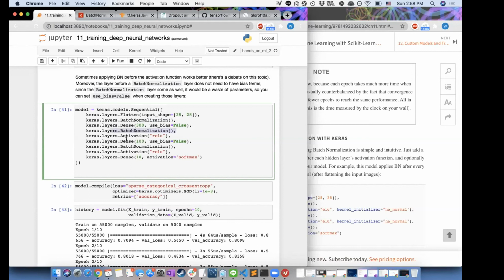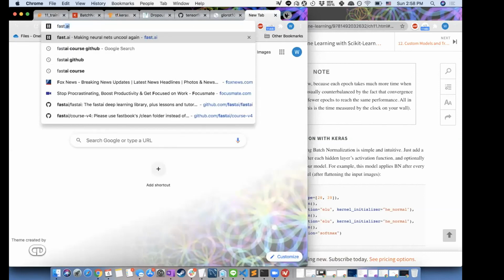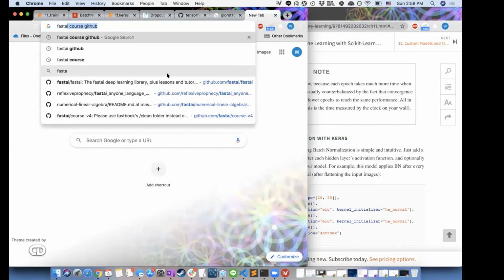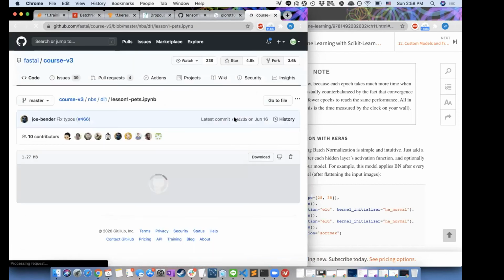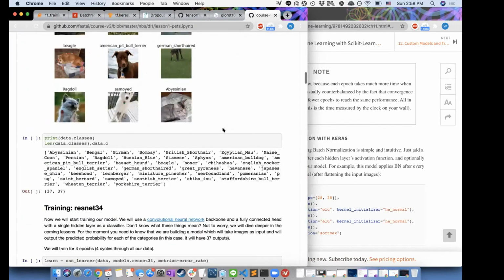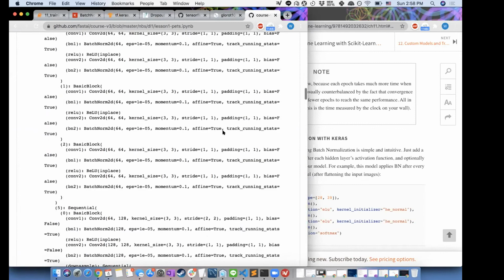Some people do it after activation. Let's see what FastAI does. FastAI has a flag. You can set it either before or after activation. But I think recently people mentioned that using it after is more beneficial than before.